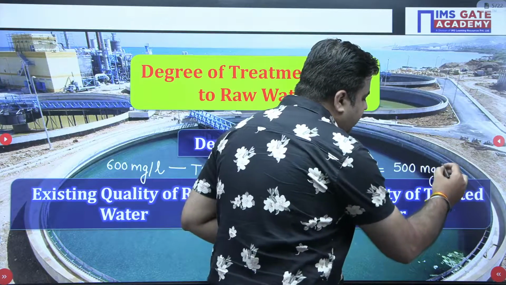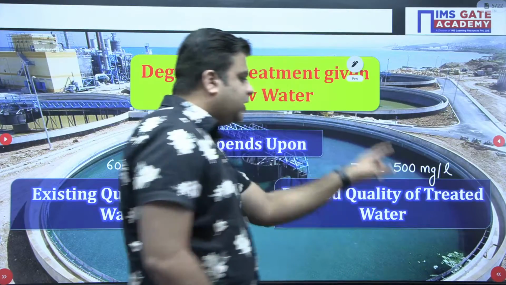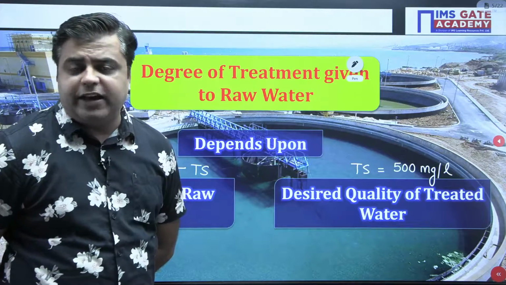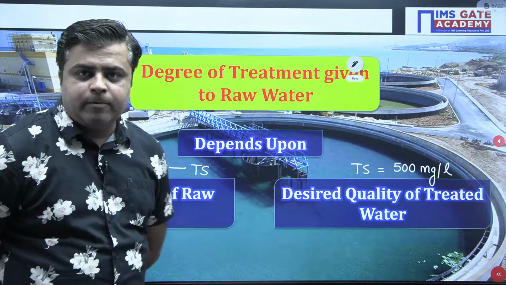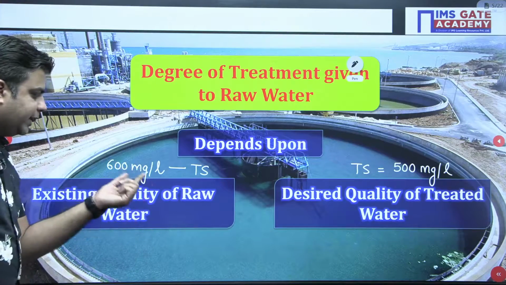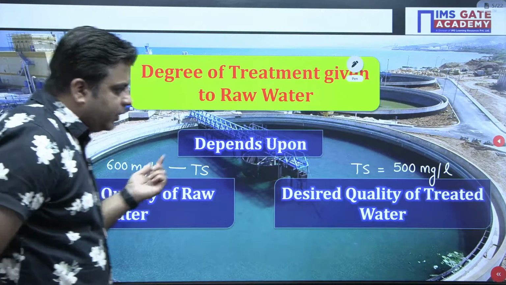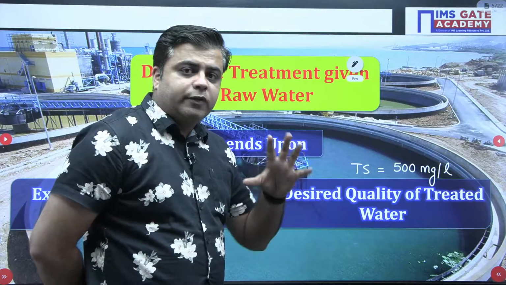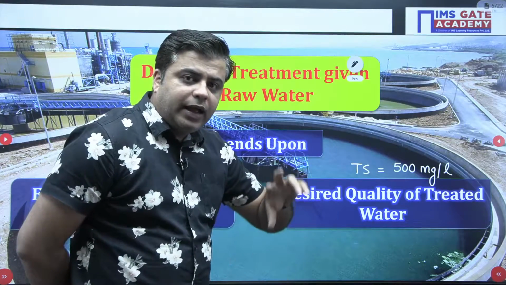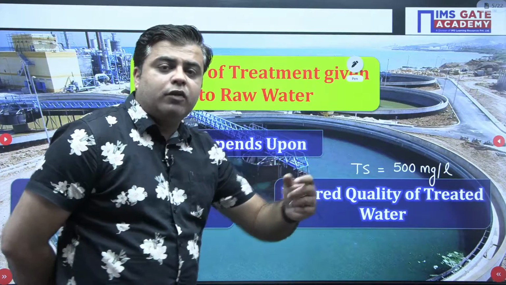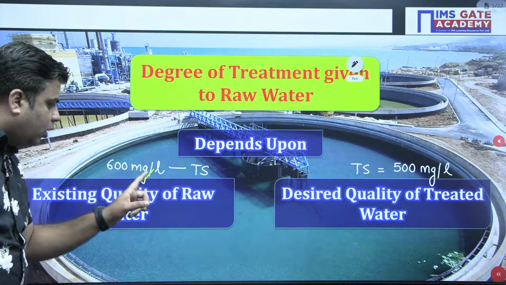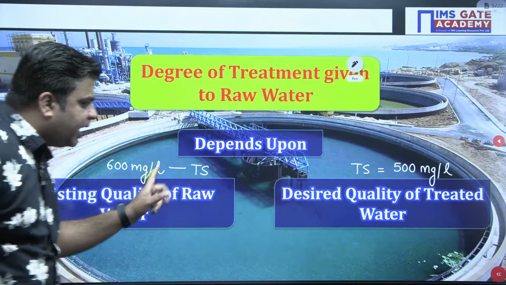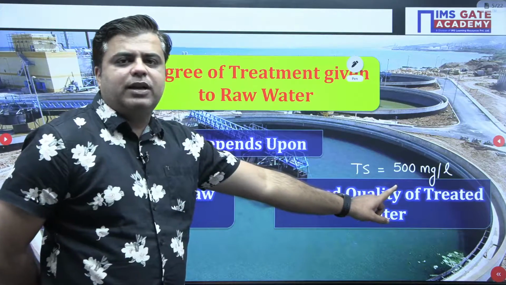Means in your drinking water, the concentration of total solids should not exceed 500 milligram per liter. But you see here, right now it is 600 milligram per liter, but it should not exceed 500 milligram per liter. So we need to treat this water, and in this treatment what we do? We basically bring all the values of water quality parameters within the permissible limit.